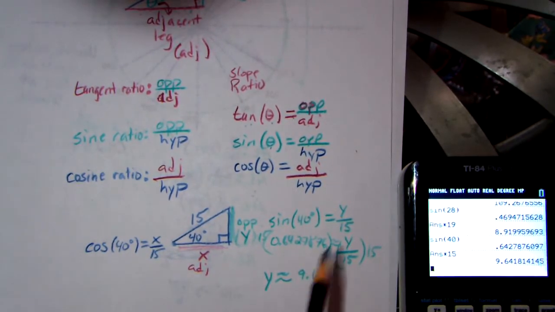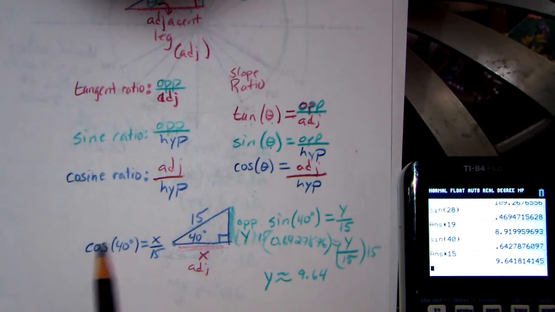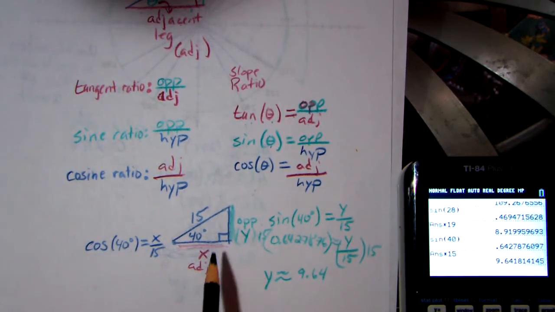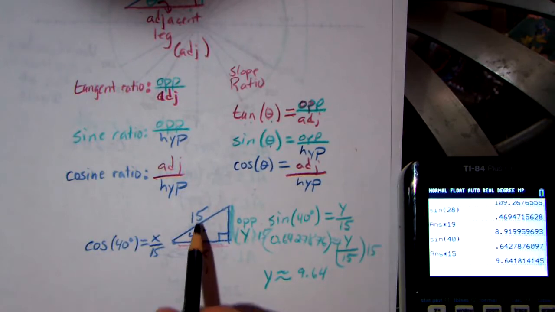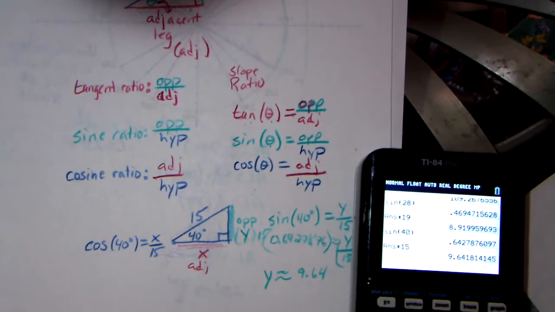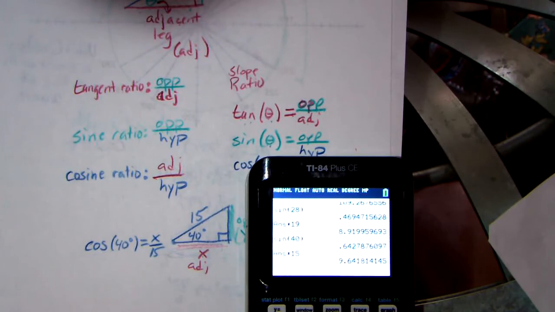And we're going to do the same things we did there. This question asks, what's the ratio supposed to be between the leg next to the angle and the hypotenuse? So we ask our calculator that question. What is that ratio supposed to be? Oh, it's supposed to be that number.